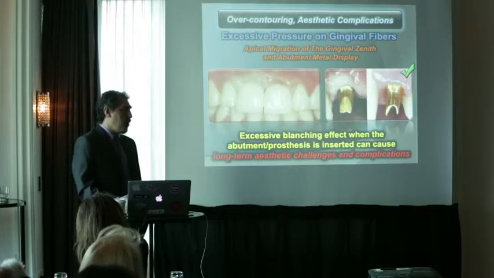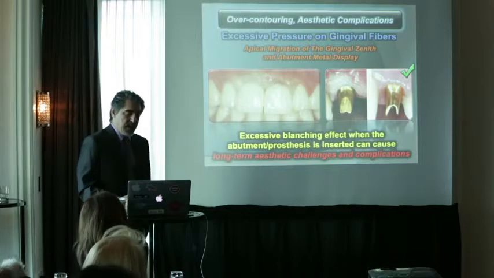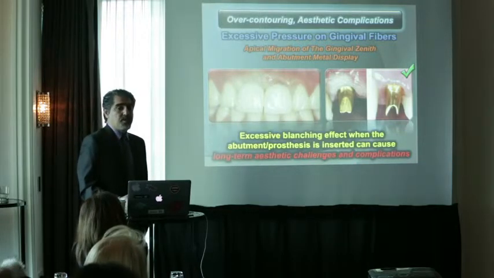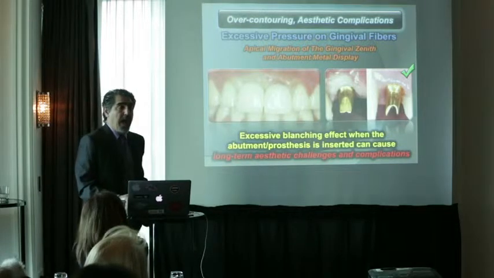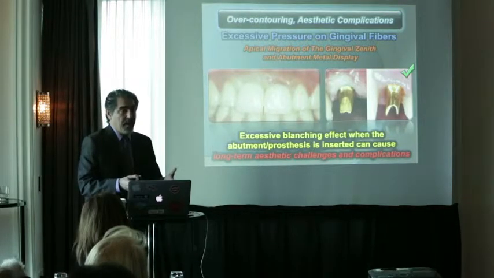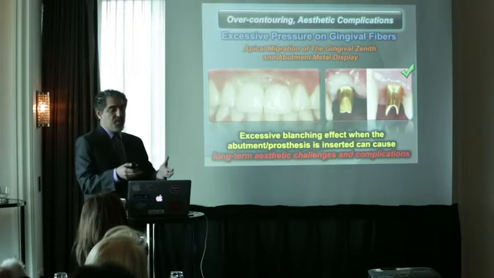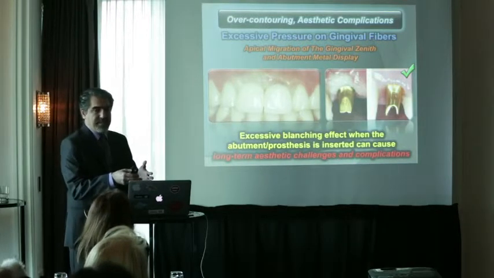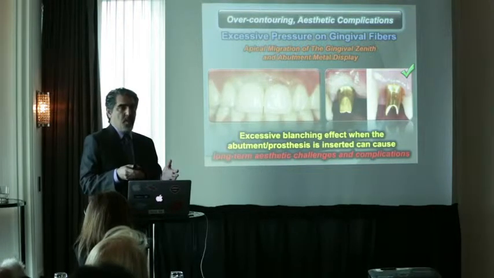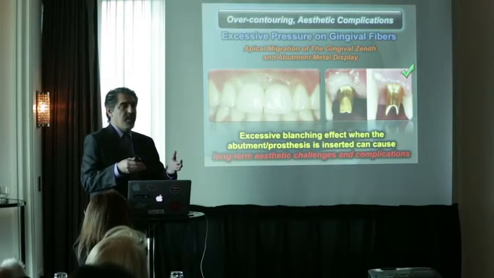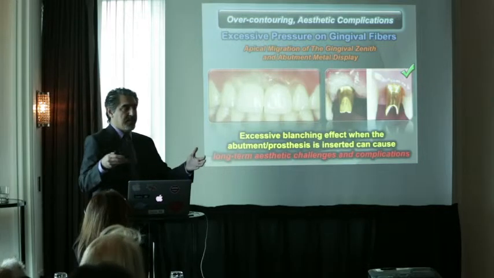One of the best ways to avoid that is using a temporary, just to register and record the emergence profile for our technicians, so they can actually know how much exactly they are expanding the tissue. The reason that this is happening is that your technician does not know how much he or she can expand the tissue.